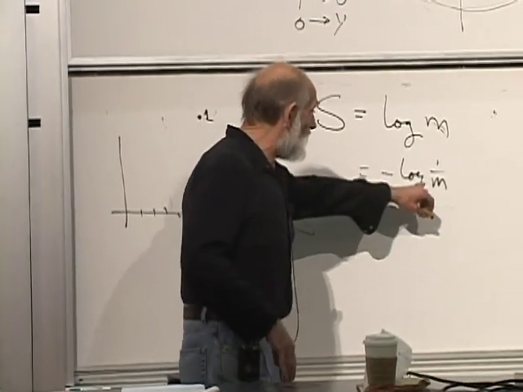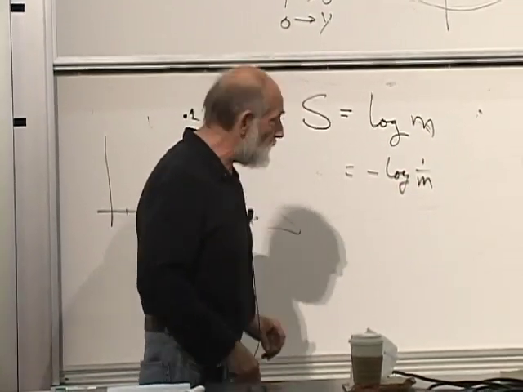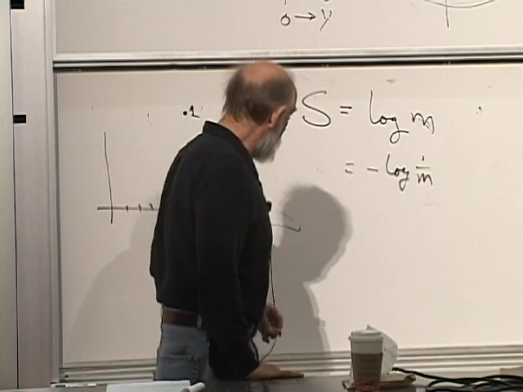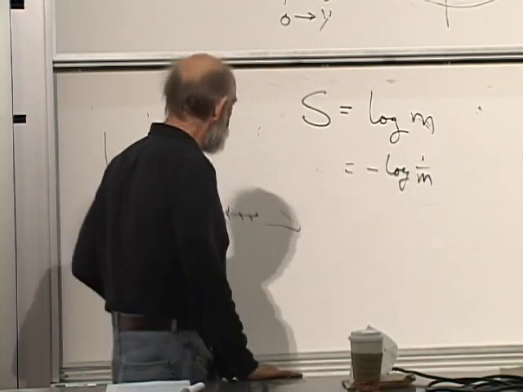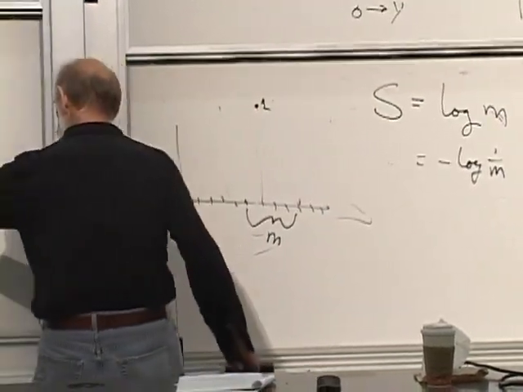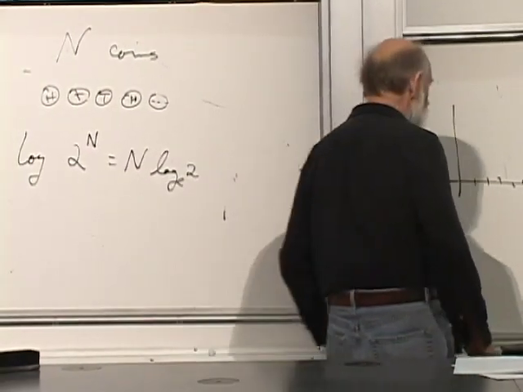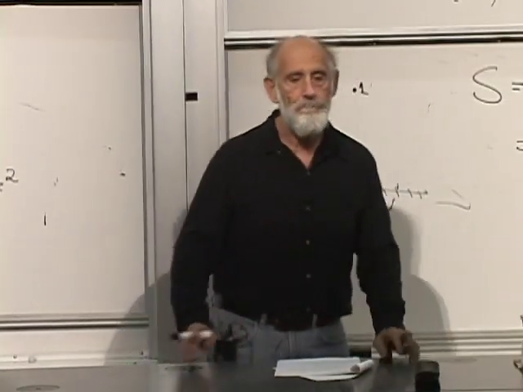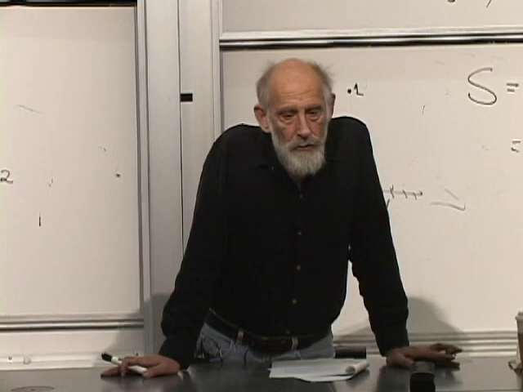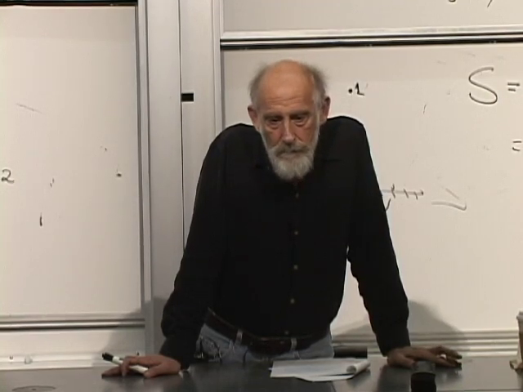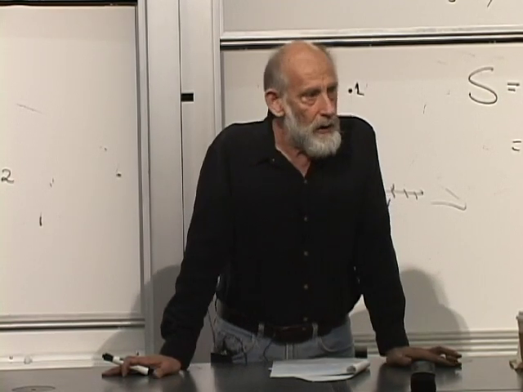You cannot have an entropy bigger than log n. This is easy to prove. This is the largest entropy you can have for that case. So entropy is a measure of ignorance.